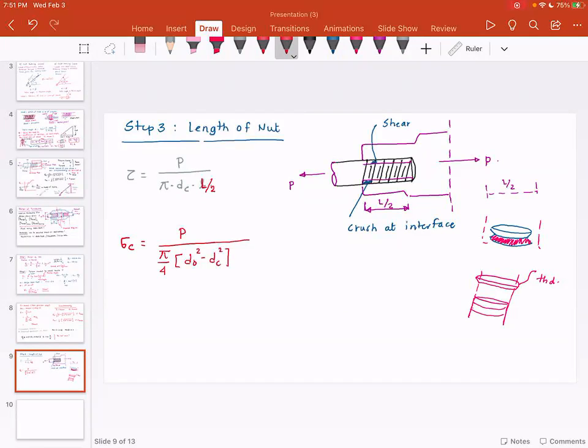And please note, there are multiple threads in engagement. So you are going to have N, which is the number of threads in engagement.